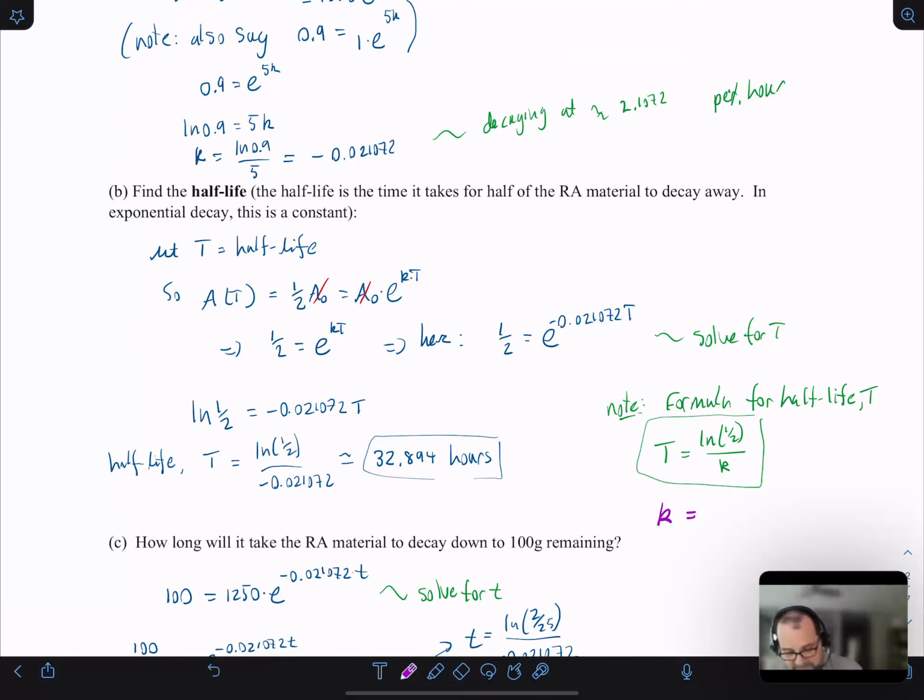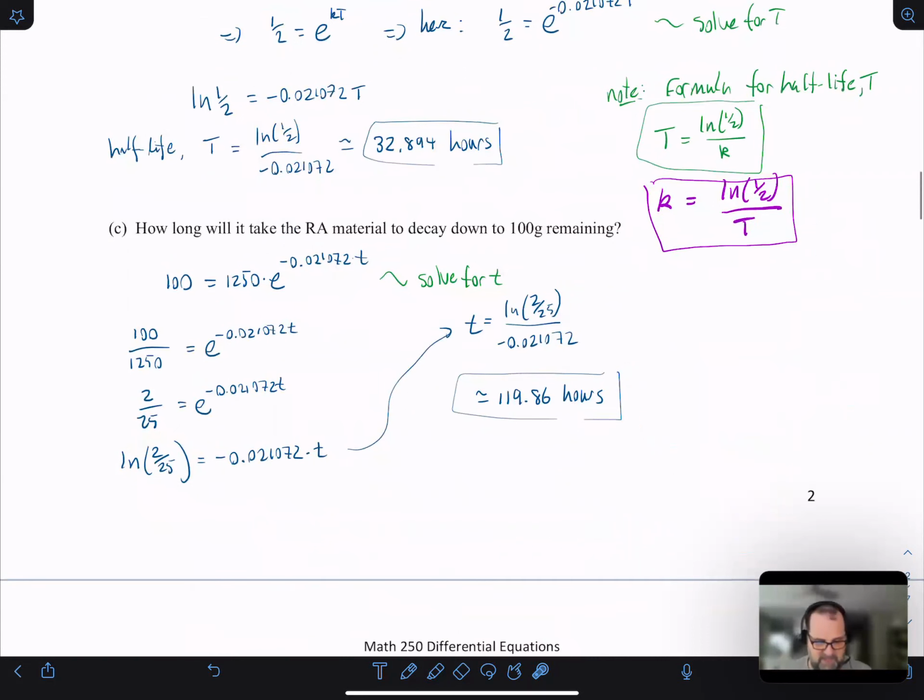That is, if you solve that formula for K, you get K is ln of 1/2 divided by T, and T is ln of 1/2 divided by K. That is a shortcut for making this connection between half-life and the K number, so you don't have to think it through every time. You can use a formula there.